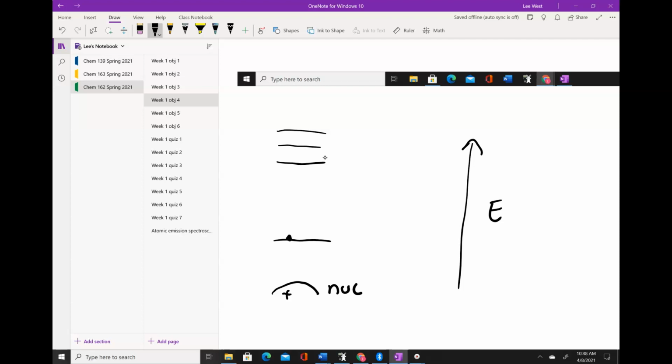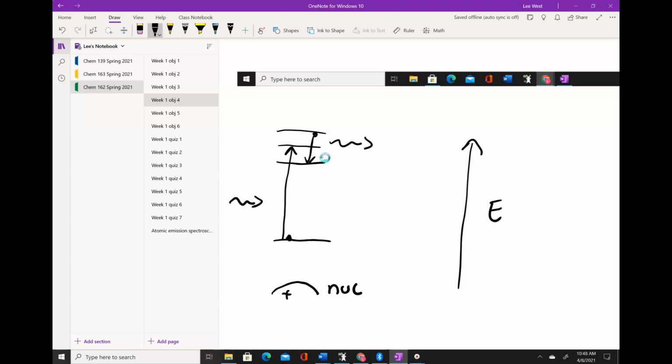Now, an electron, when it absorbs light, moves to a higher energy level, okay? And when an electron moves from a higher energy level to a lower energy level, it emits energy in the form of light.